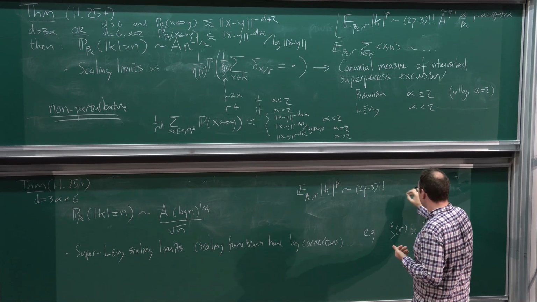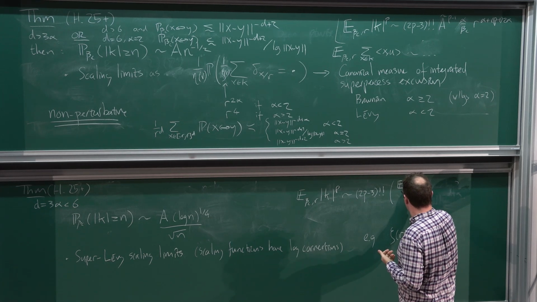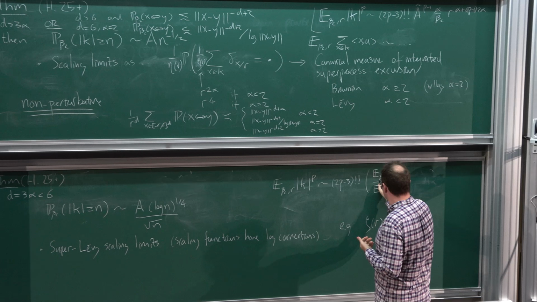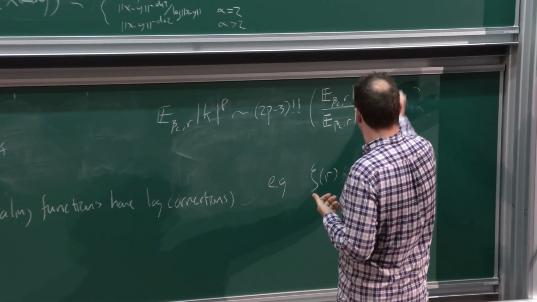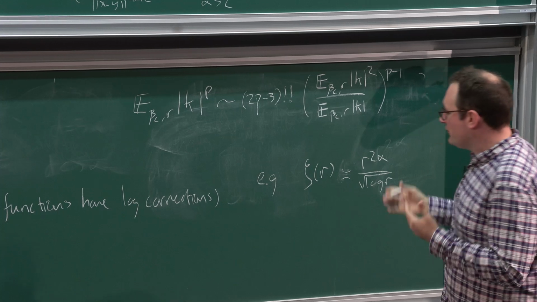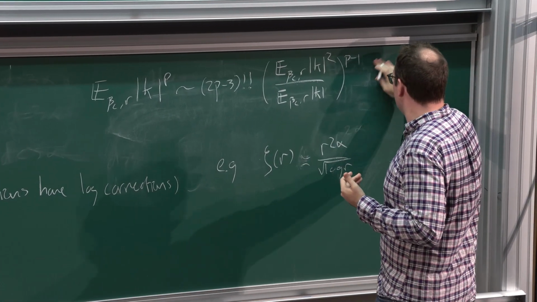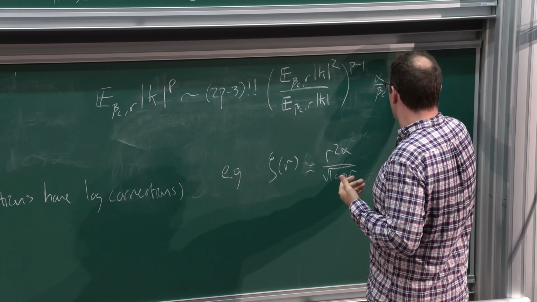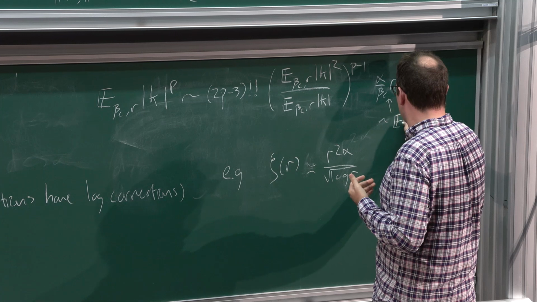You get this relationship where you can express all the higher moments just in terms of the first two, to first order. And then there's this alpha over beta c r to the alpha. This is actually just equal to the asymptotics at the first moment.